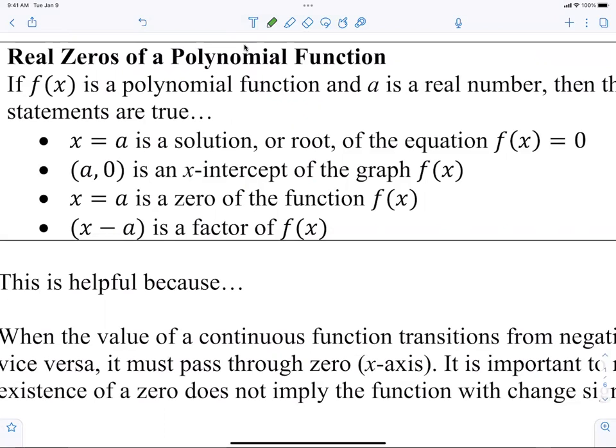You are solving an equation. You're solving for an unknown. So whenever you set your polynomial function, you set f of x, or you set the y equal to 0, and then you solve for the values of x that would make that a true statement, that's when you are finding the solutions to the equation, or the roots. So solution and root mean the same thing.